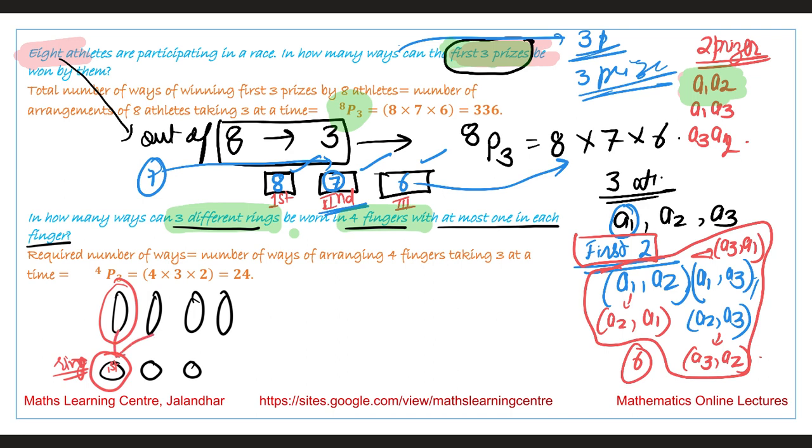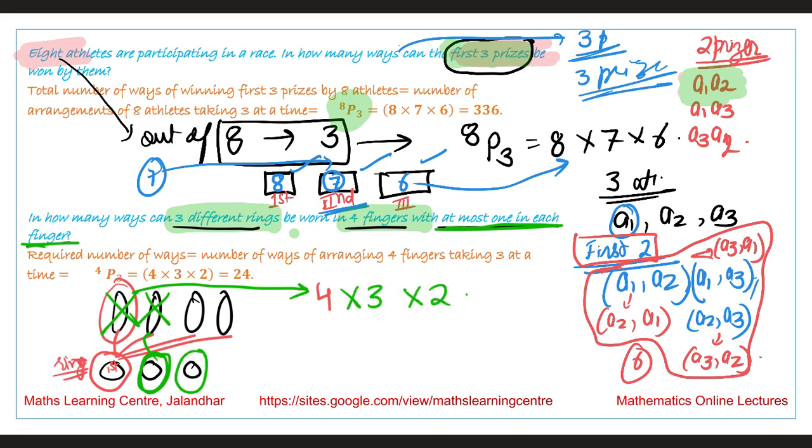It may be worn on this or this, so the number of ways is 4. For the second ring, it is given that at most 1 is to be worn in each finger, so suppose the first is on this finger, then we have 3, and for the third ring we have 2 options. So the answer we obtain is 4 into 3 into 2, which is 24. So the number of ways is 24.